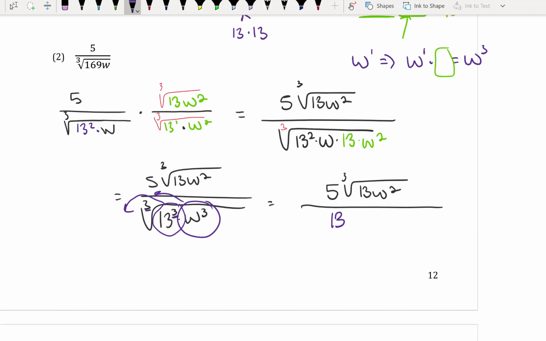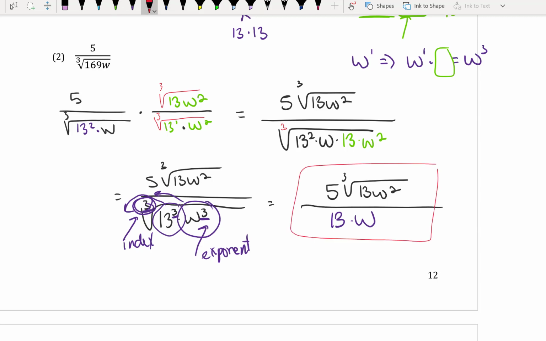Same thing with my w. The index divides my exponent, so 3 divided by 3 gives me 1. So I really end up with 5 third root of 13w squared being divided by 13w as my final answer.